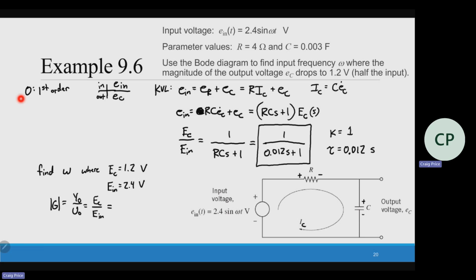We're trying to find the amplitude ratio of 0.5. Now, if you look on MATLAB, do we have a magnitude of 0.5 somewhere?